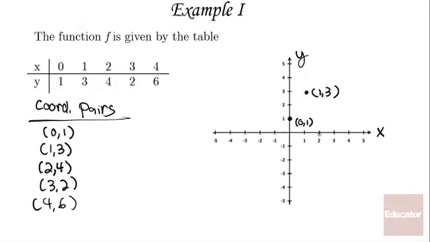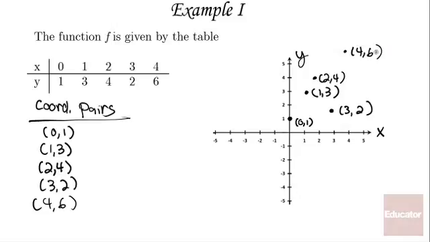Then, next pair, I have x at 2, so I'm going to go to 2 on the x-axis and then up to 4 on the y-axis. Then I have 3, 2. So x, 1, 2, 3, and y is down here at 2. And then finally, 4, 6. X is 4, y is going to be a little bit up here over at 6.